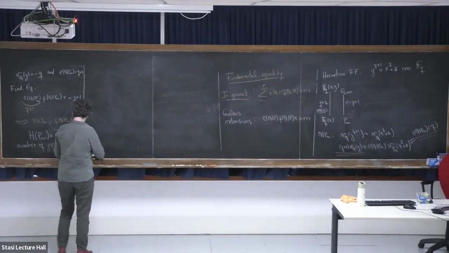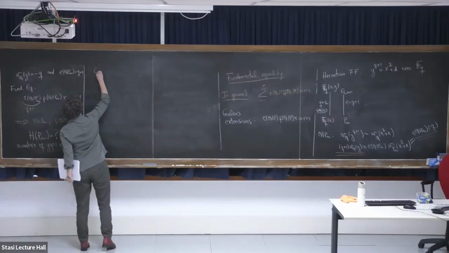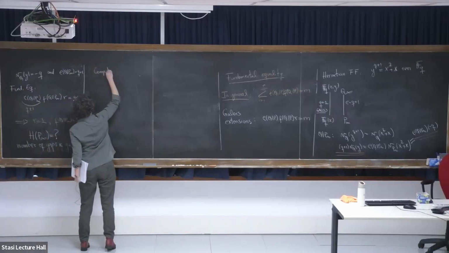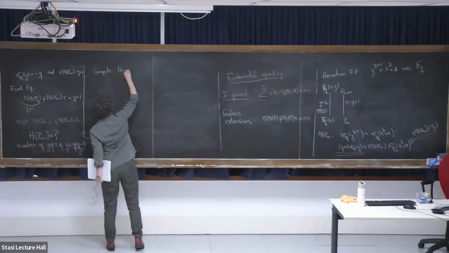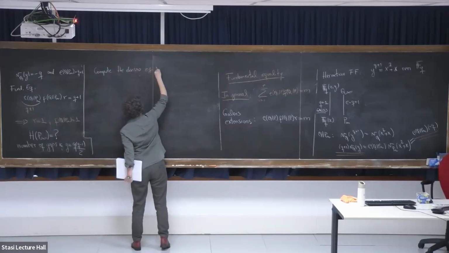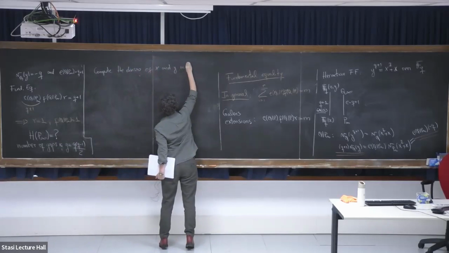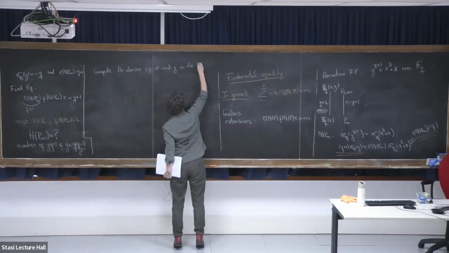So what we are going to do now, we are going to compute the divisors of x and y in the Hermitian function field.